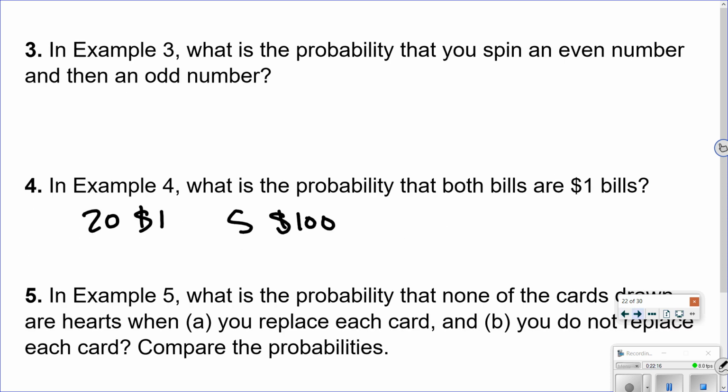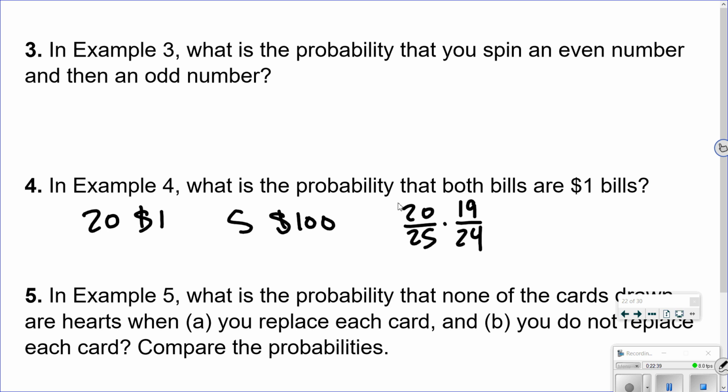So when I go to draw out my first dollar bill, I have a 20 in 25 chance of getting a dollar bill. And I'm not putting it back, so I'm setting that aside. So now remember, for my second, these are dependent. For my second one then, I no longer have 20 $1 bills, now I only have 19. So it's 19 out of 24.